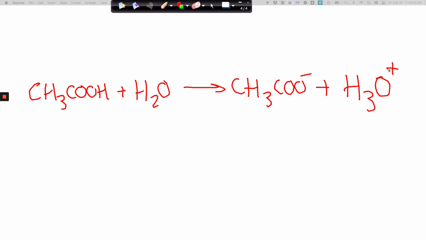But guys, acetate is not a base of negligible strength. It is not worthless. As a matter of fact, acetate is a pretty good base. And so what happens is this acetate ion goes, hey, yo, hydronium ion, sorry, I think I'm going to take that proton back. And when that happens, the acetate grabs hydrogens from the hydronium and it drives this to equilibrium.